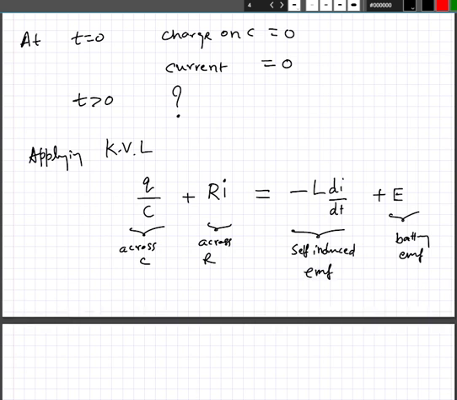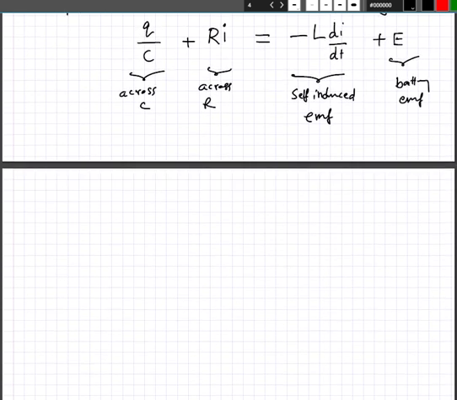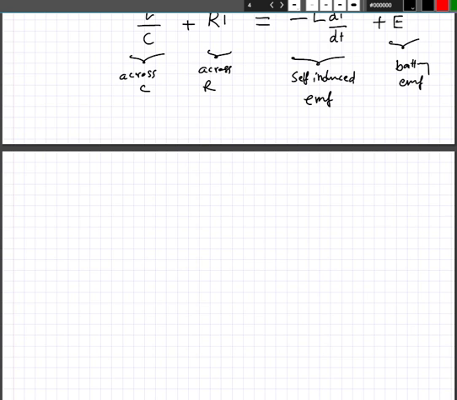You remember I mentioned that these two are opposite to each other. As before, we just do the rearranging. Q by C plus Ri plus L into di by dt is equal to E.